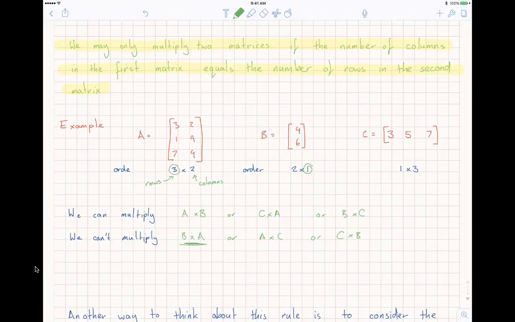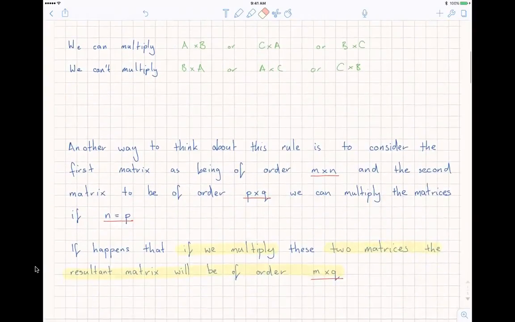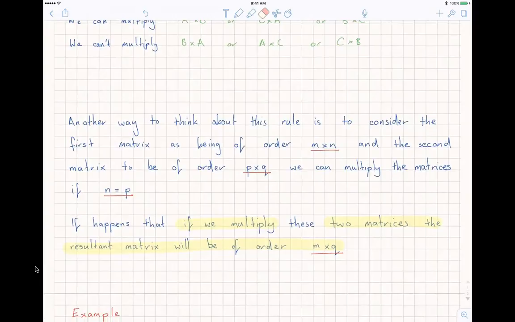So 1 does not equal 3. Therefore, we cannot multiply B by A, even though it was just fine to multiply A by B. So let's make a note there. Order of multiplication is very important.